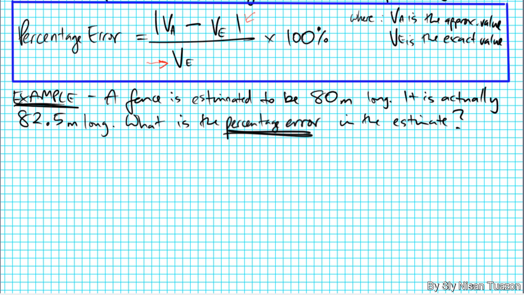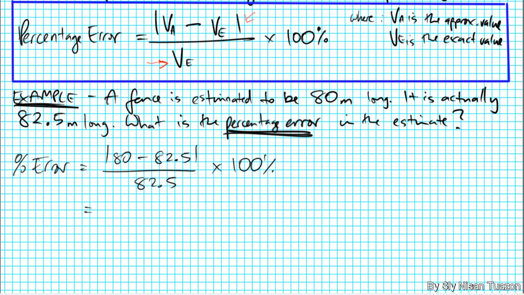So an example here, a fence, the same actual example, sorry there's cars going by. A fence estimated to be 80 meters long, it's actually 82.5. What's the percentage error this time? So we don't care that it's 2.5 meters out, we want to see how many percent that is compared to the real thing. So percent error using the formula above, modulus, approximate value 80, take 82.5, over the exact value, which was 82.5, times by 100%.